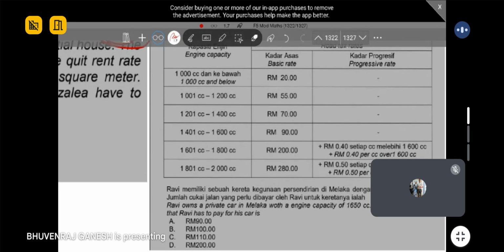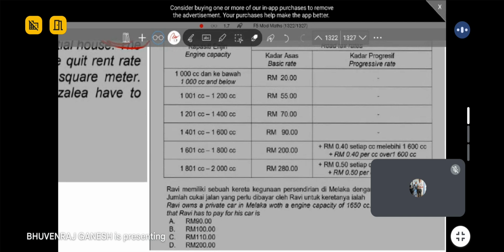I want to see how confident you are with your answer. So, are you ready?